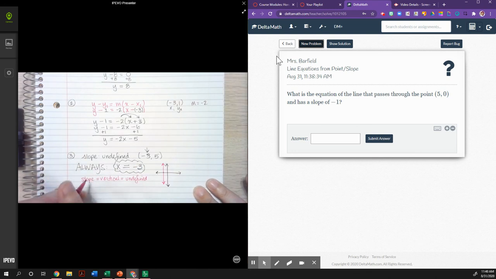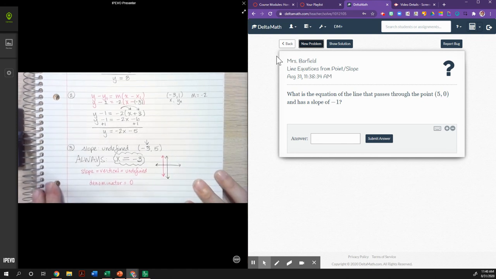That also means when you have rise over run, your denominator equals 0. All right, you should be good.